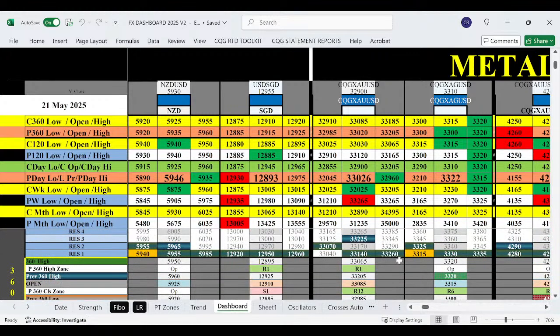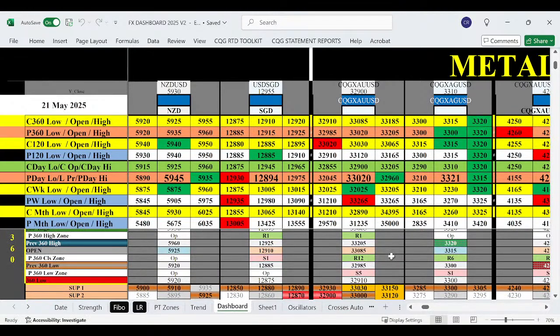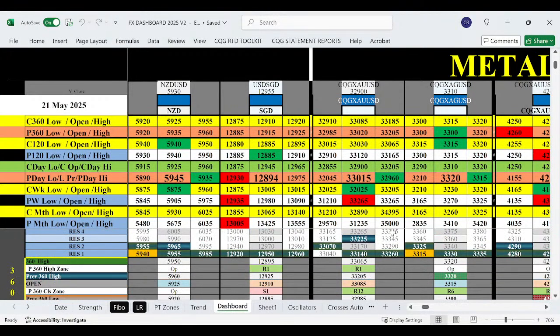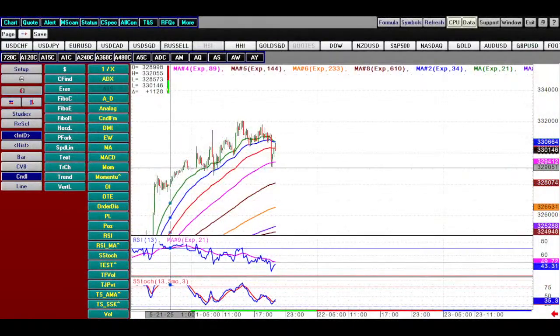And on the other hand, if 3307 breaks, we should see the price heading towards 3312 and 3317. So these are the key levels for us to take note.